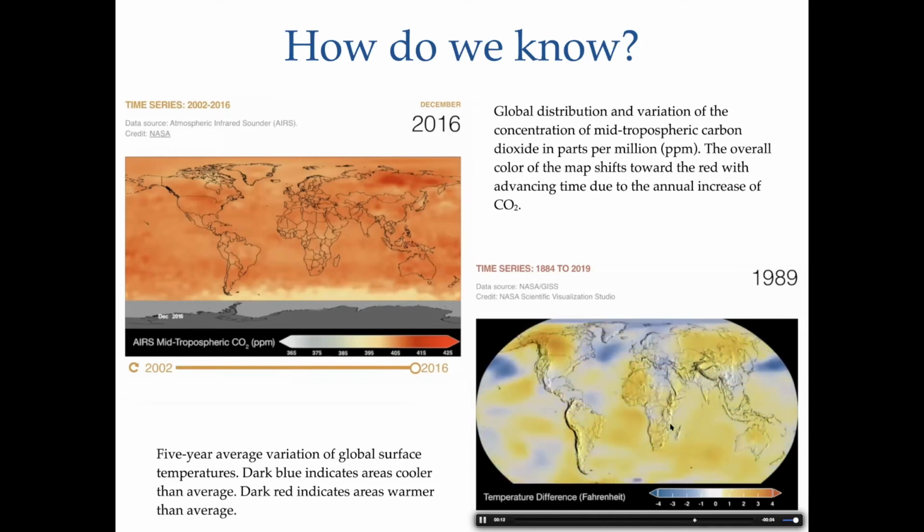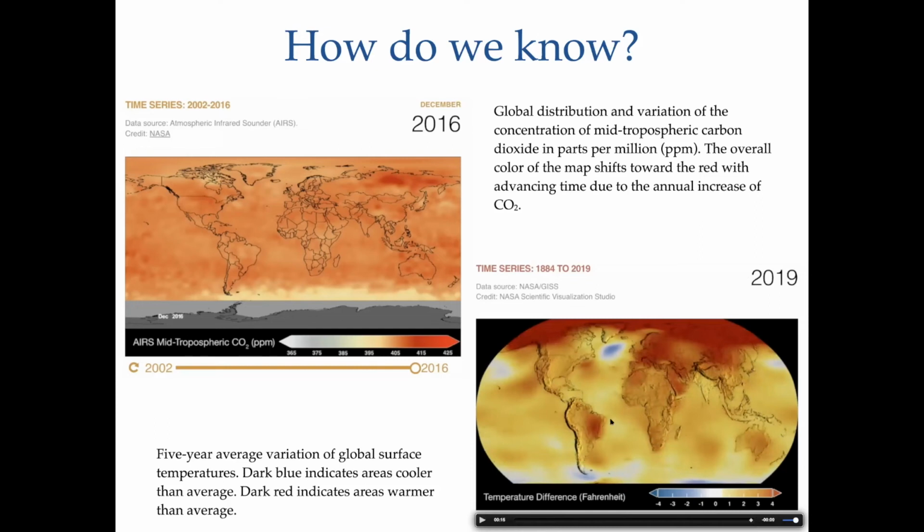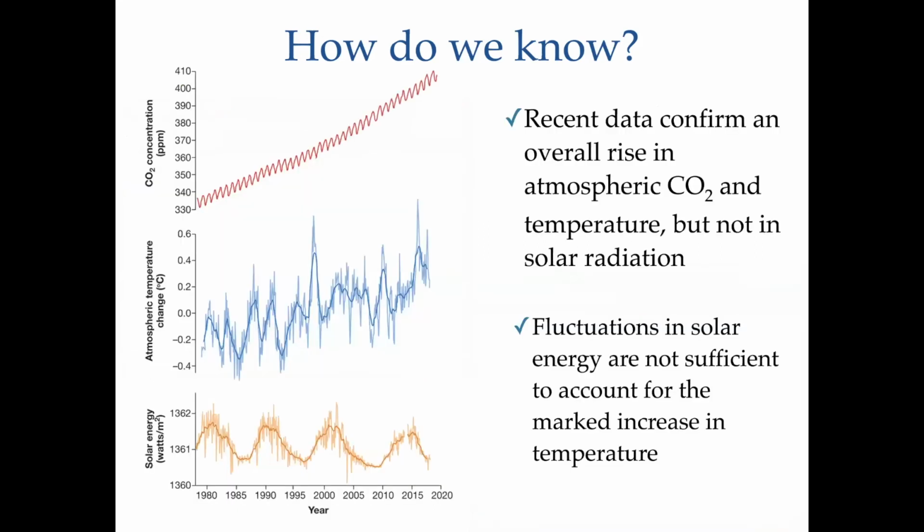So again, we know that these things are happening because we are observing the amount of carbon dioxide that we have in our atmosphere. The temperatures are rising, and when we check the amount of solar energy, we also know that it changes over time, but it's not enough to explain the fluctuations or the increase in carbon dioxide that we have.